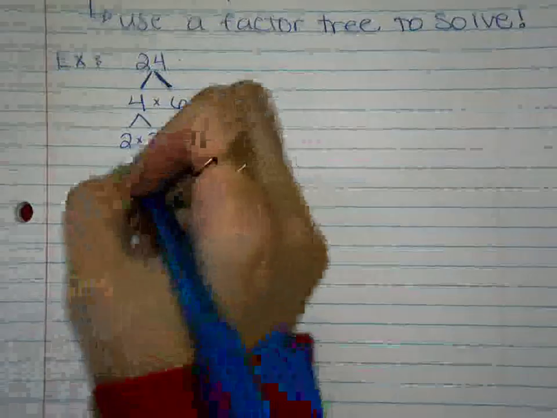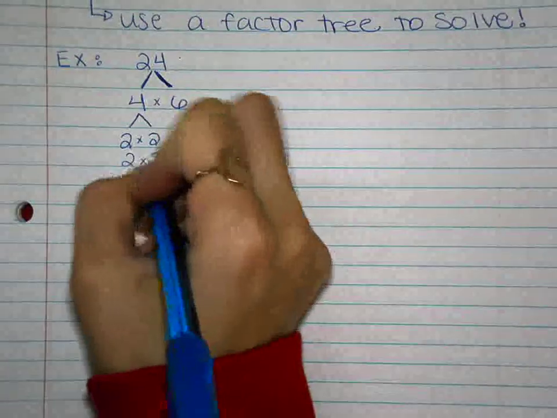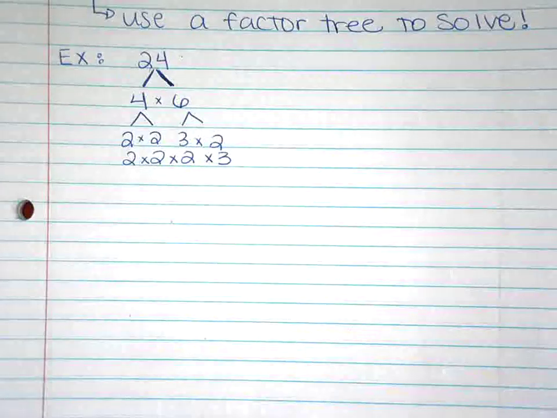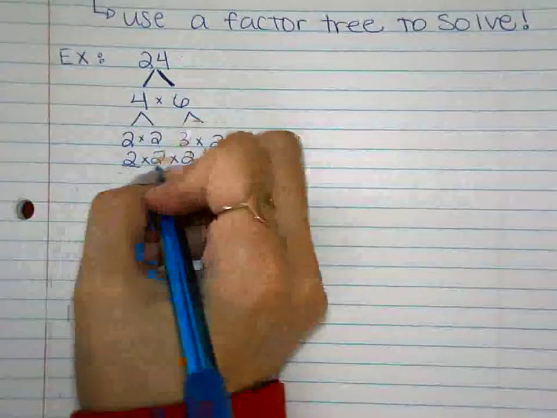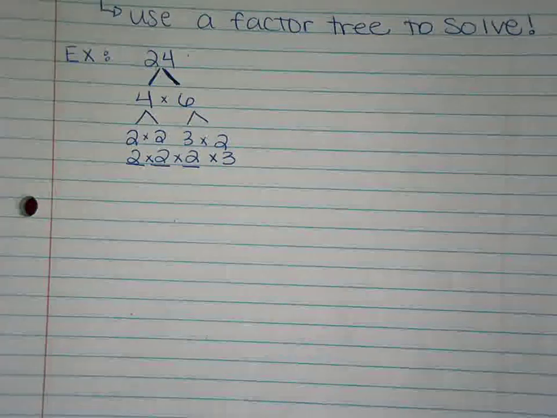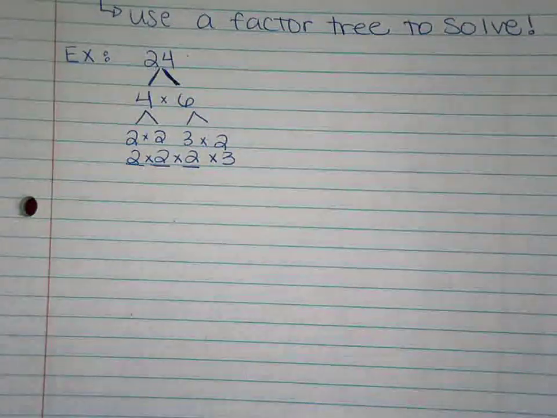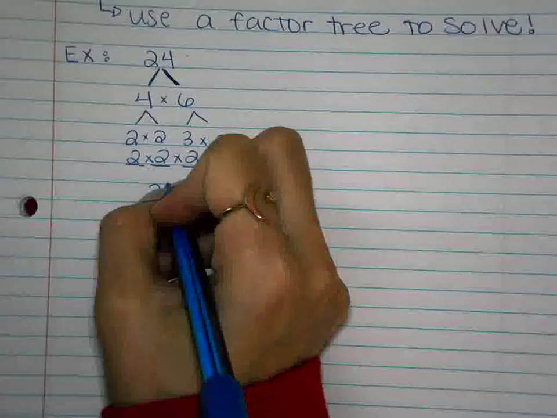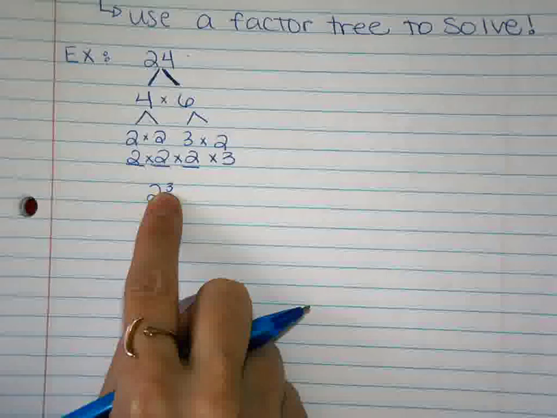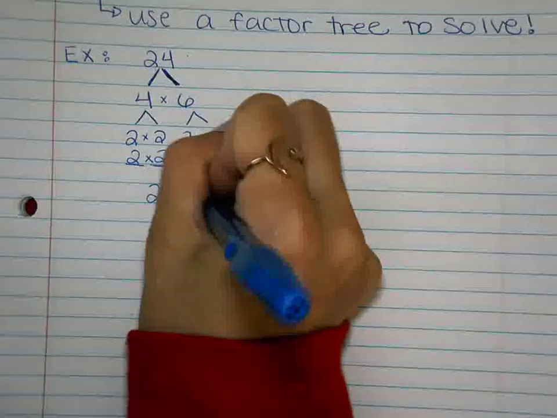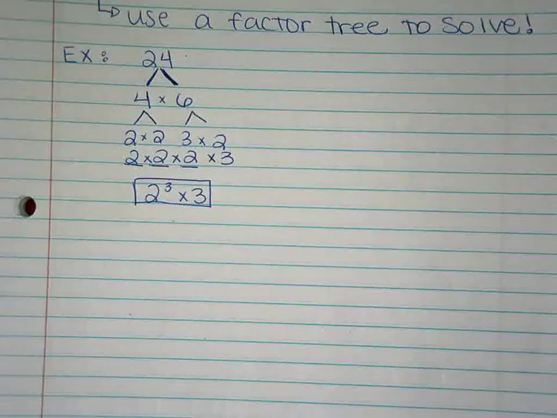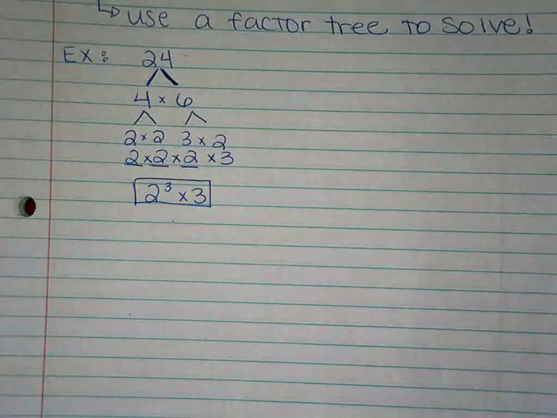So that means that I have 2 times 2 times 2 times 3. I have 3 2's. So instead of writing 2 times 2 times 2, I would write 2 to the third power because there are 3 2's, and then I would write times 3. That is my prime factorization of 24.